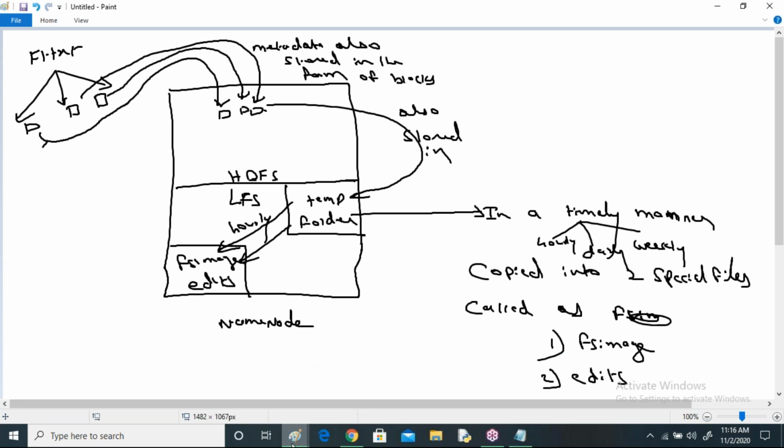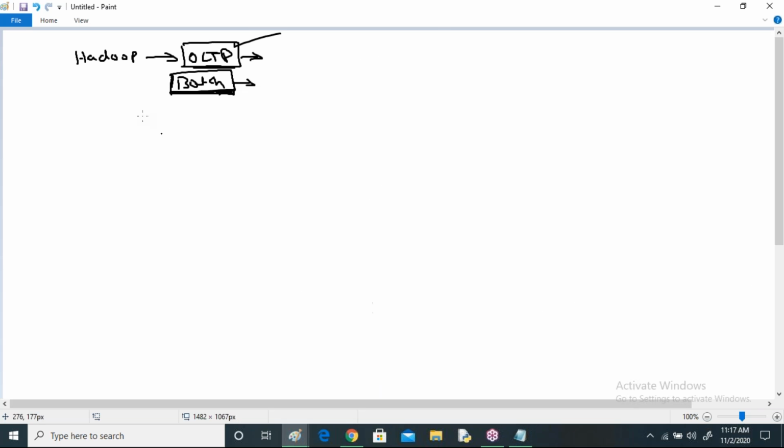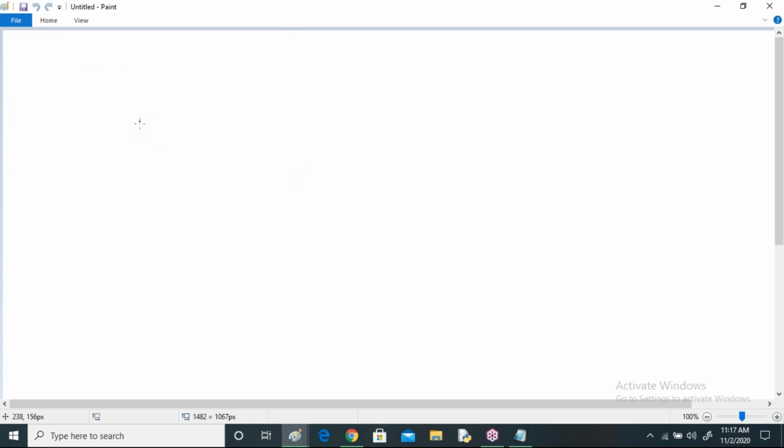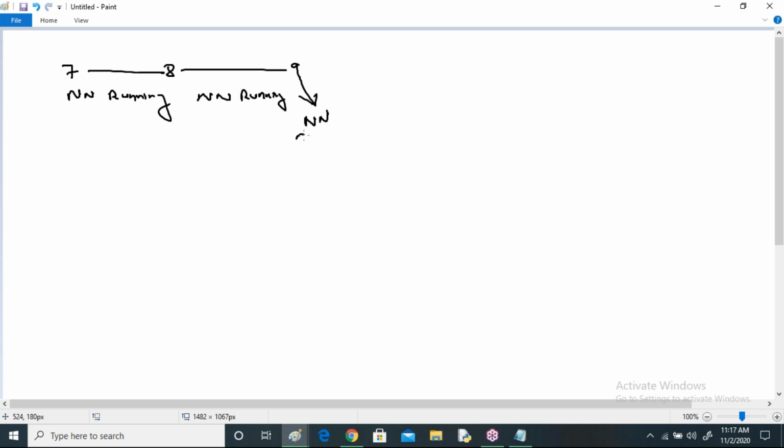Now, comparing the name node and secondary name node. For example, morning 7 a.m. to 8 a.m., the name node is running. 8 a.m. to 9 a.m., the name node is running. Think that at 9 a.m. the name node goes down.